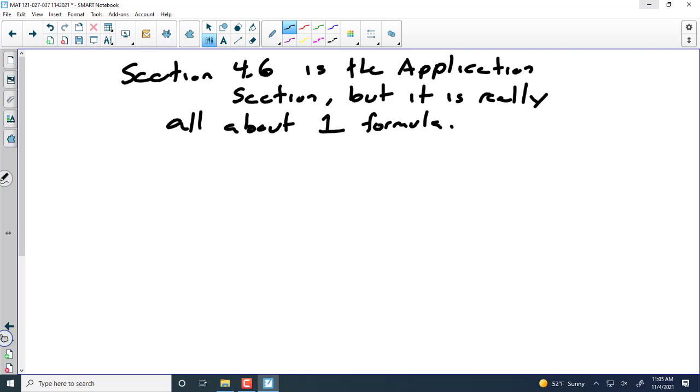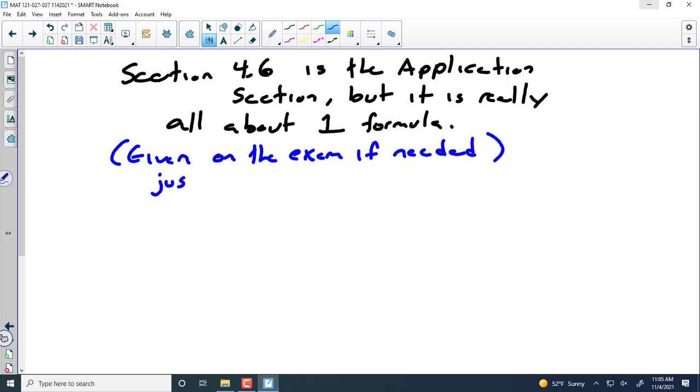It's really only about one formula, and it is given on the exam if needed. Just the formula, not how to use it. So just like the interest formulas that I told you I would give you on the test, that's absolutely true, I'll give them to you, but it's up to you to know how to use the interest formulas.